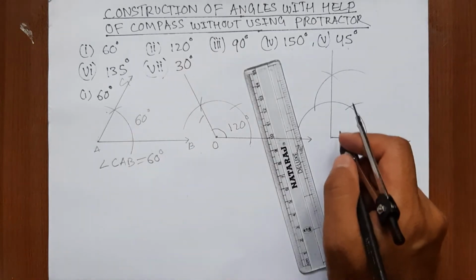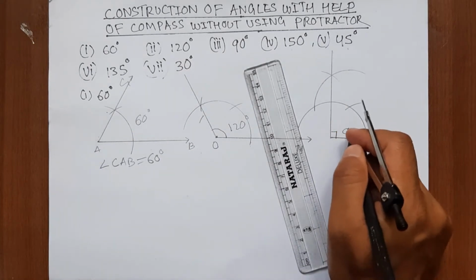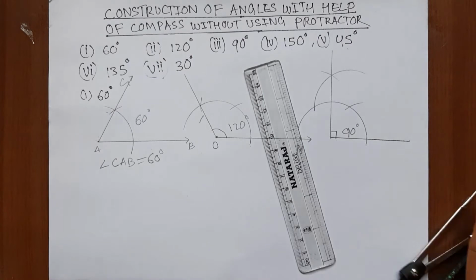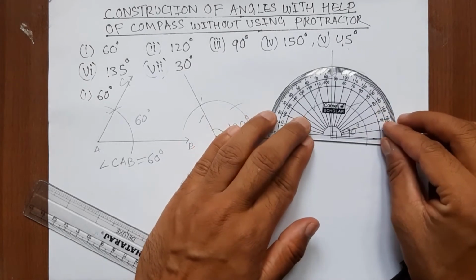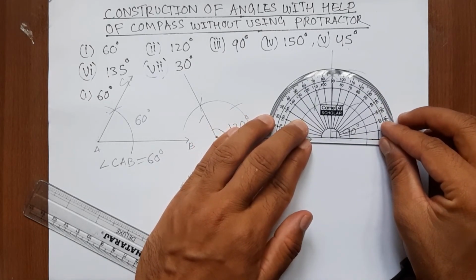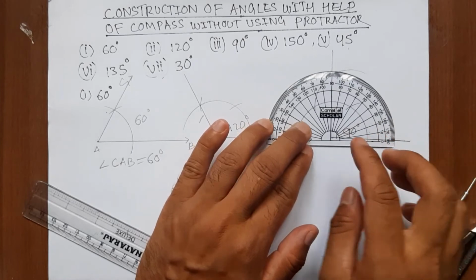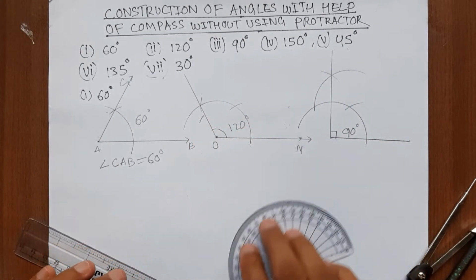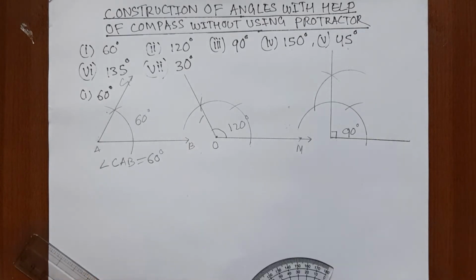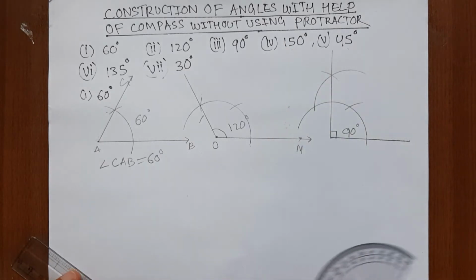And join this line. This is 90 degrees. Let me check whether it is 90 degrees or not. Look here. This is 90 degrees. Isn't it surprising? Now we are going to draw a 150-degree angle.